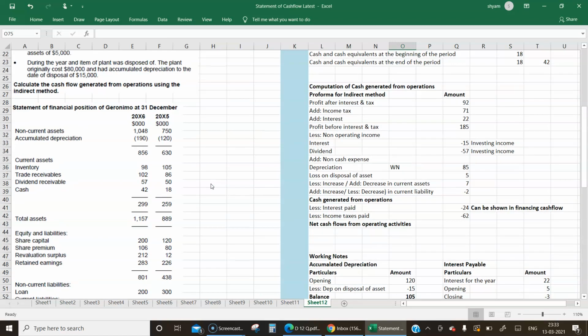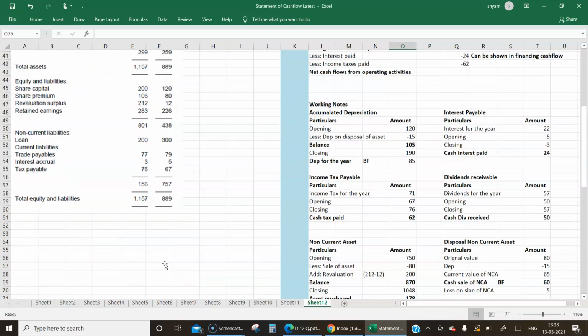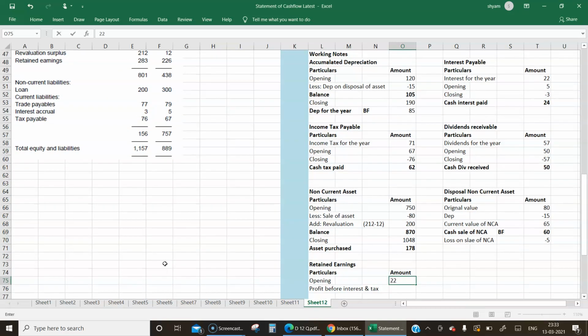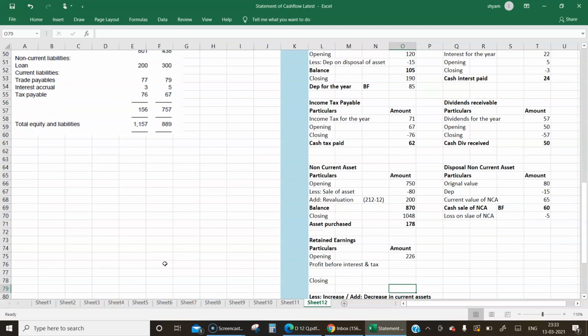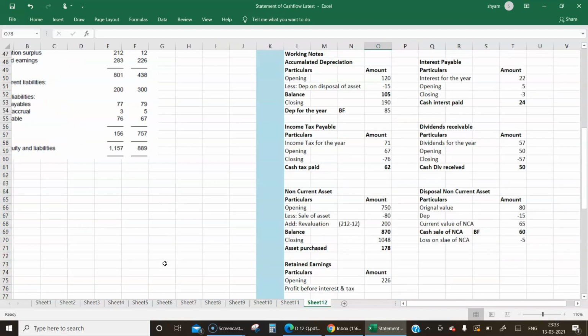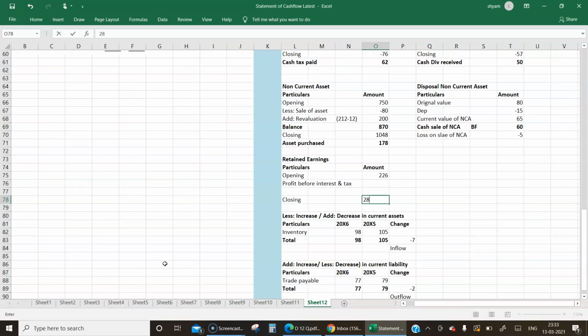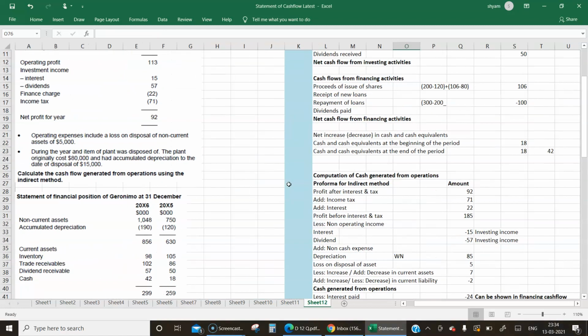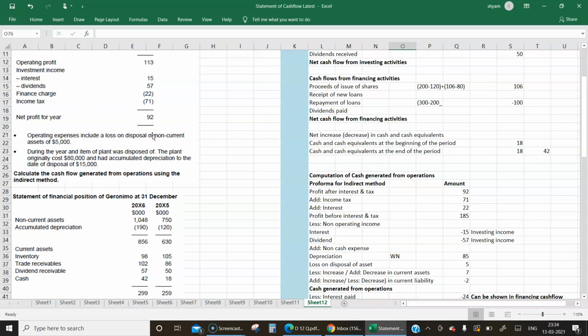The opening of retained earnings is 226 and the closing is 283. Add the profit after interest and tax. This number should get tallied. So 92 is the profit for the year.